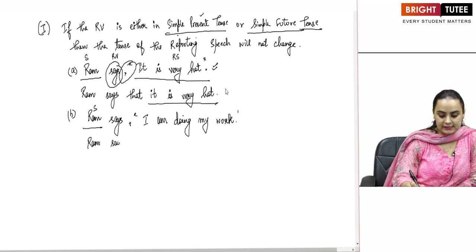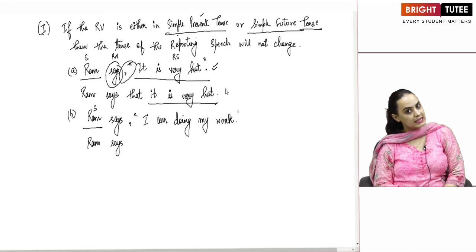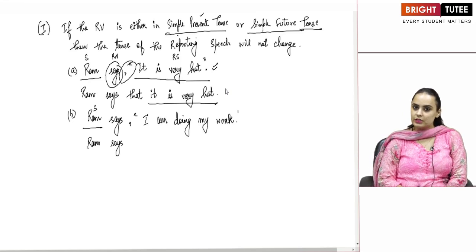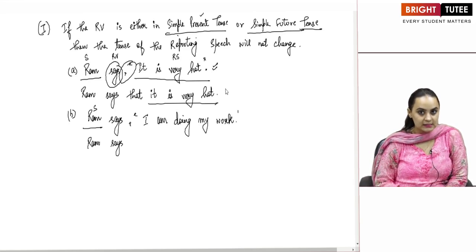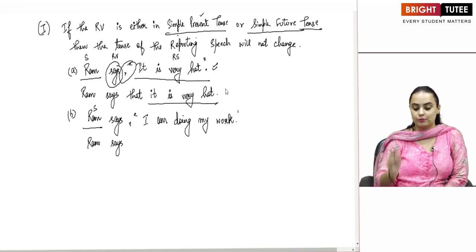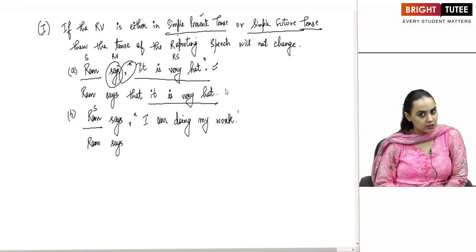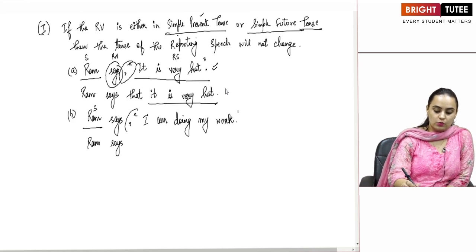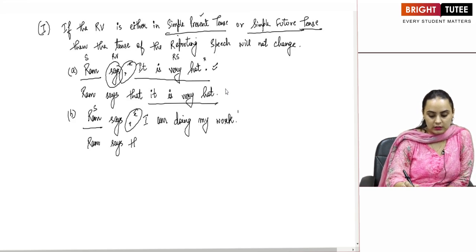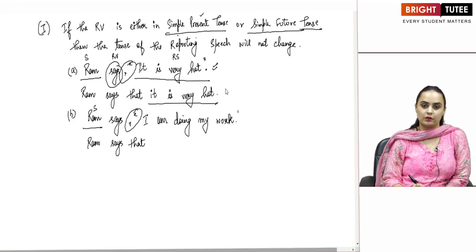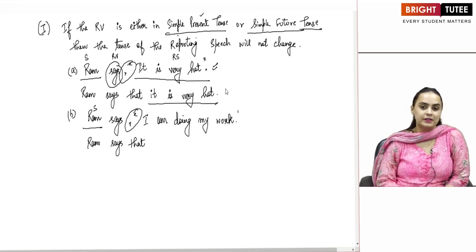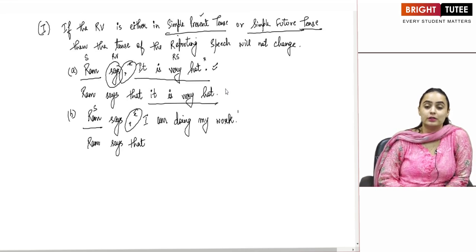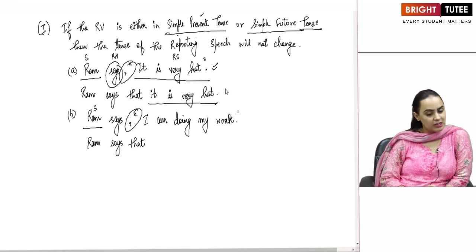Reporting verb is says. It remains the same. Since my reporting verb says is in the simple present tense, the tense for the reporting speech will not change. We remove the commas, we put that. We obviously change the pronouns. We have always taught you that the pronouns are going to be changed.